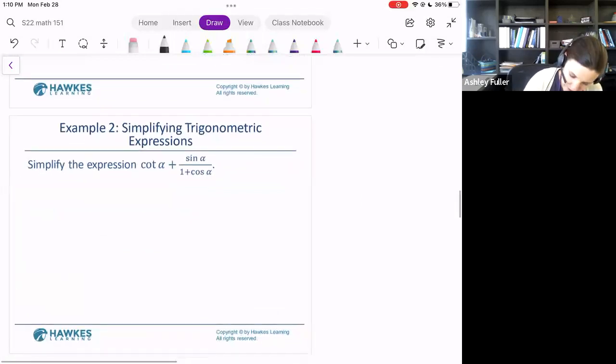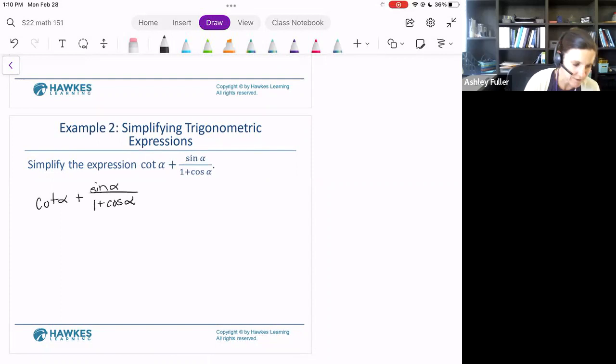Another example, if we look here at the cotangent of alpha plus sine of alpha over 1 plus cosine of alpha. Again, getting things in terms of sine and cosine can simplify things. So this becomes cosine of alpha over sine of alpha plus sine of alpha over 1 plus cosine of alpha.